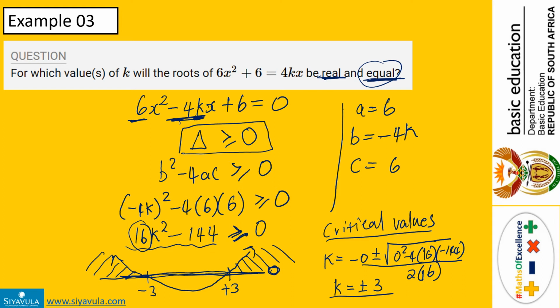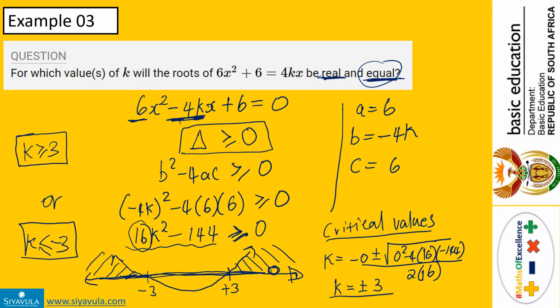So the values of k are, moving backward, less or equal to minus 3. Or, going this side where the graph is greater than 0, k is greater or equal to 3. So these are our final answers.